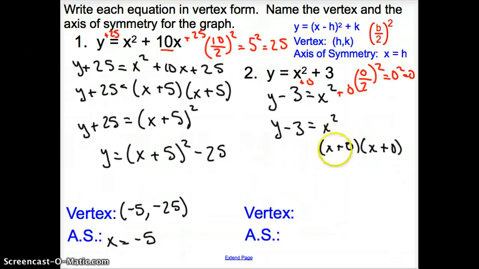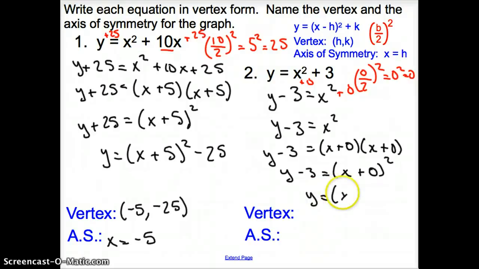Would that give us just x squared? Yes, it will. So we have y minus 3 equals this. Simplifying, y minus 3 equals (x plus 0) squared. Now what do we have to do with that 3? We have to add it over to the other side. So now we have y equals (x plus 0) squared plus 3.